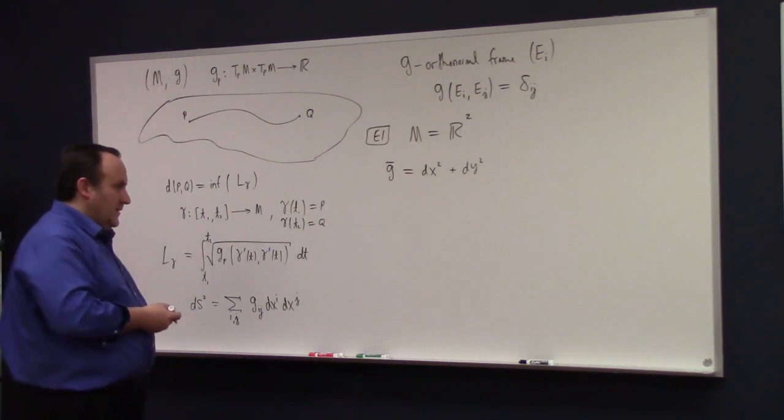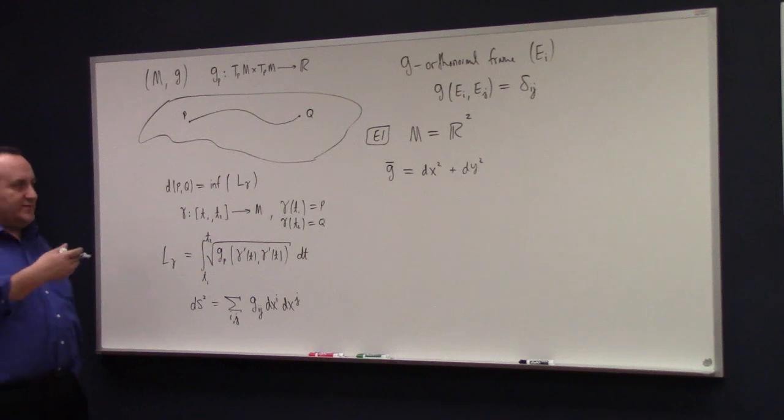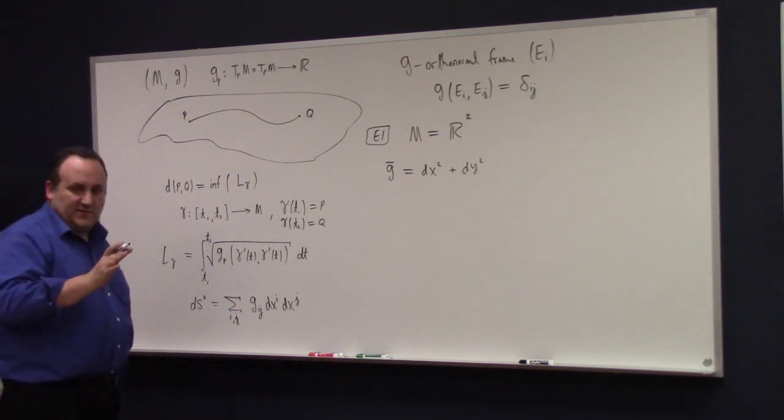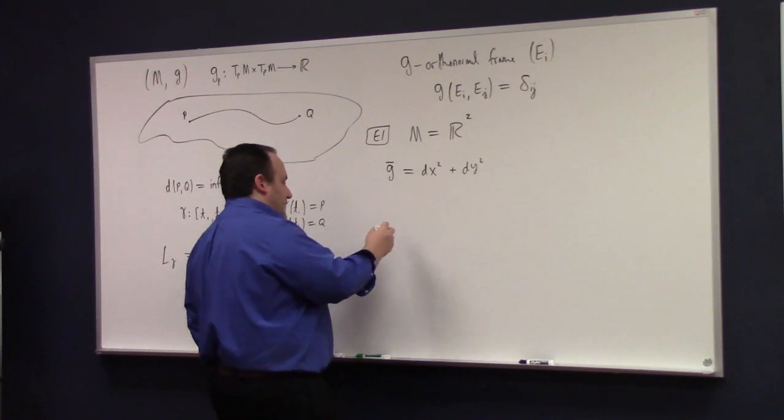Let's see here. One nice way to create new metrics from nothing, so to speak, is this pullback construction. Here's basically the idea. I'll do it here for now.